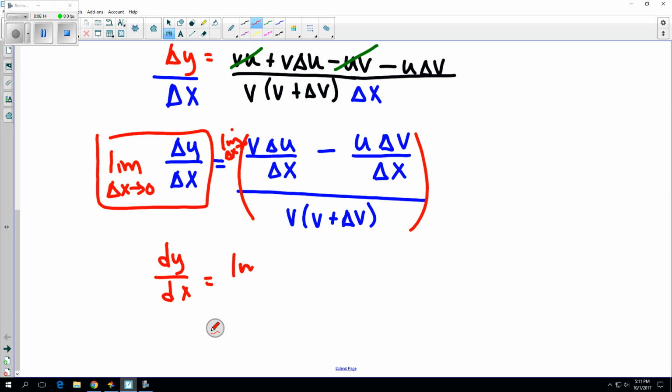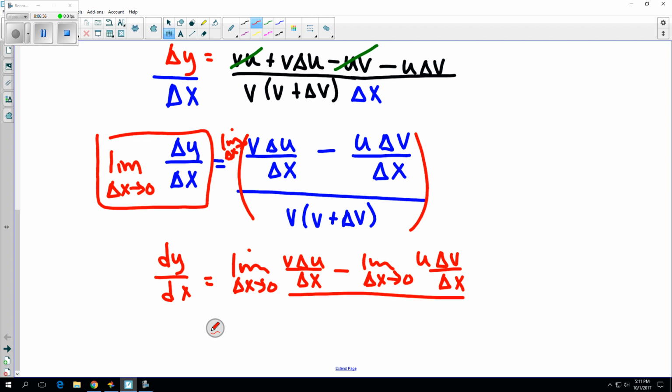So I'm going to have the limit as the change in x heads towards 0 of v delta u over delta x, minus the limit as the change in x heads towards 0 of u change in v over change in x. And I can't forget that this whole thing is divided by the limit as the change in x heads towards 0 of v squared plus v delta v.